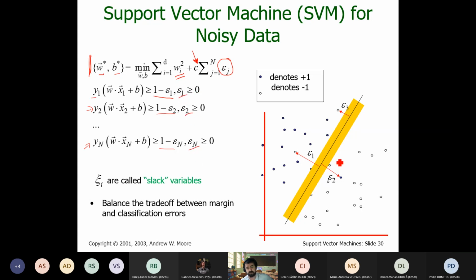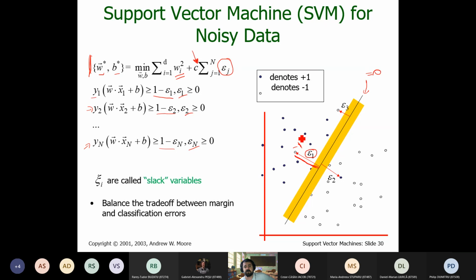So let's suppose this is the line with 0, okay? This is minus 1. So how far is the point from the plane where it should have been? Well, we compute this distance that is defined as xi1, and this distance is positive because it's a distance.